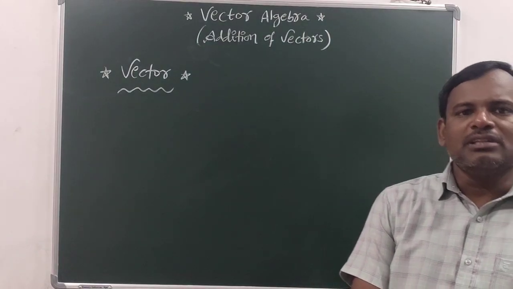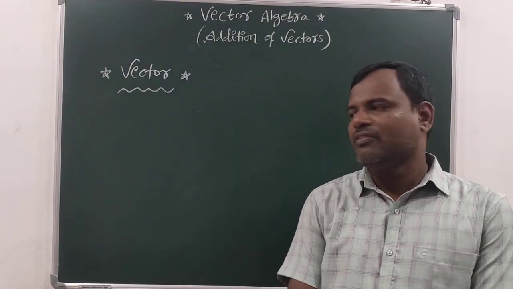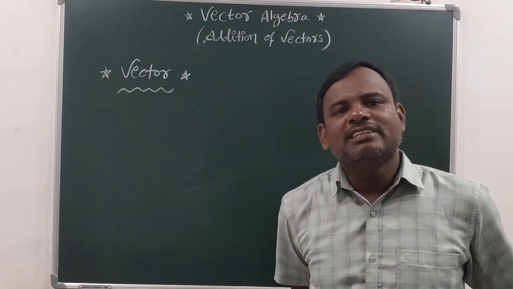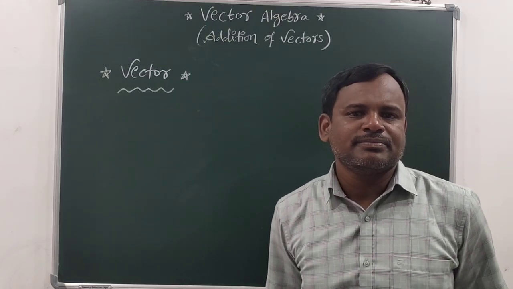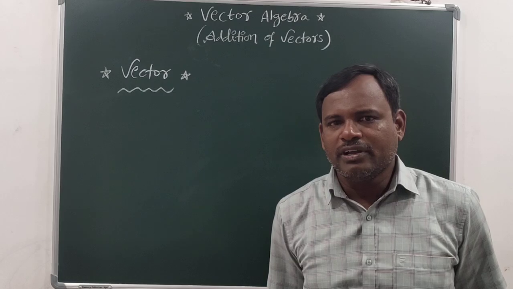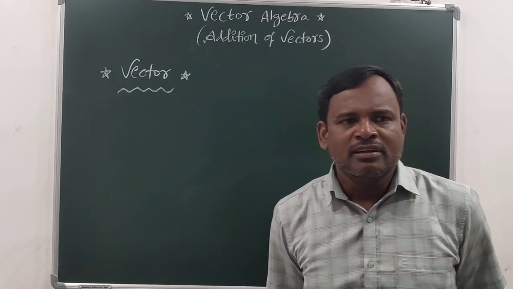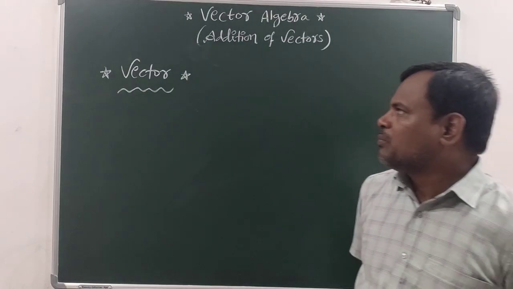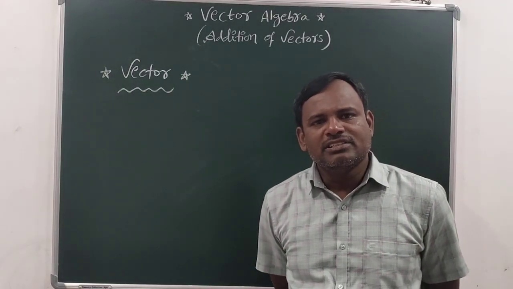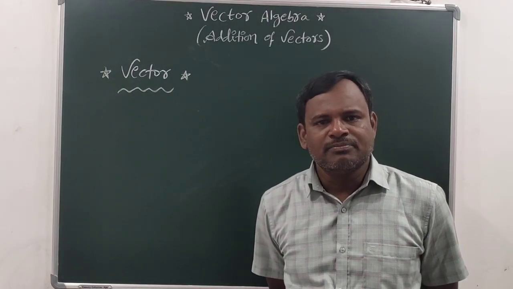But when you come to mathematics, here you have to define this vector as a directed line segment. We have to define in mathematics, it is a directed line segment. I hope you have understood the definition of a vector in mathematics.